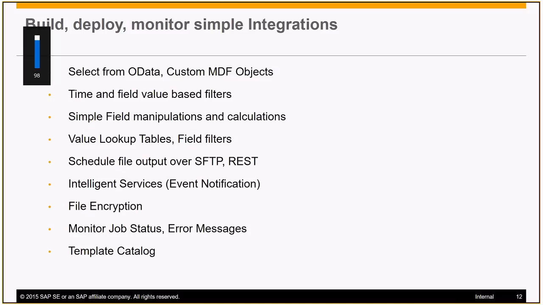You can massage the payload as you need and deliver the data to a third-party system, whether it's SFTP or REST. You can deliver a file using a typical file extension, .csv, .txt, XML, JSON, and so on. And of course, we can always encrypt the files.